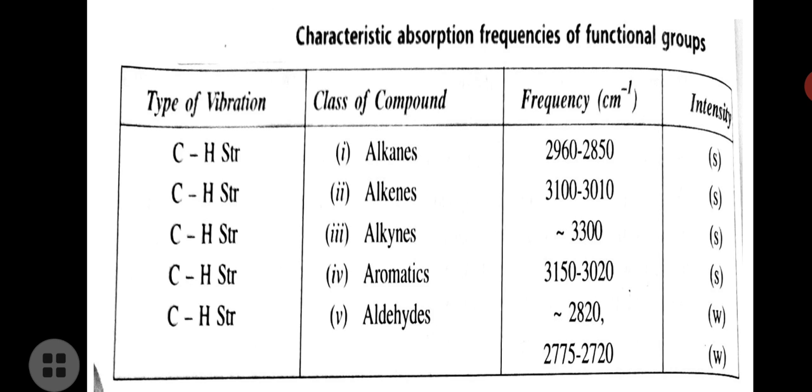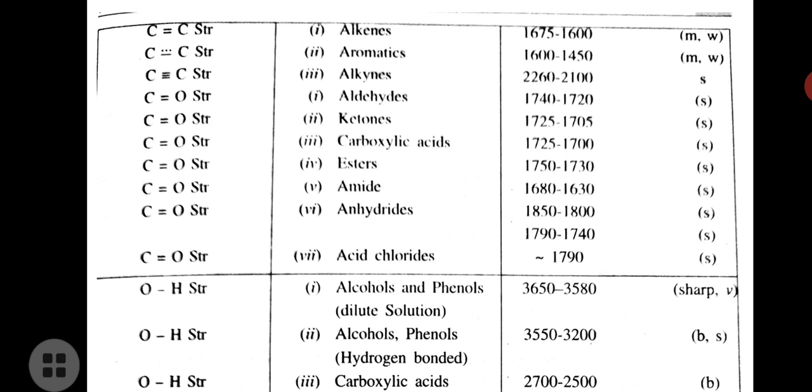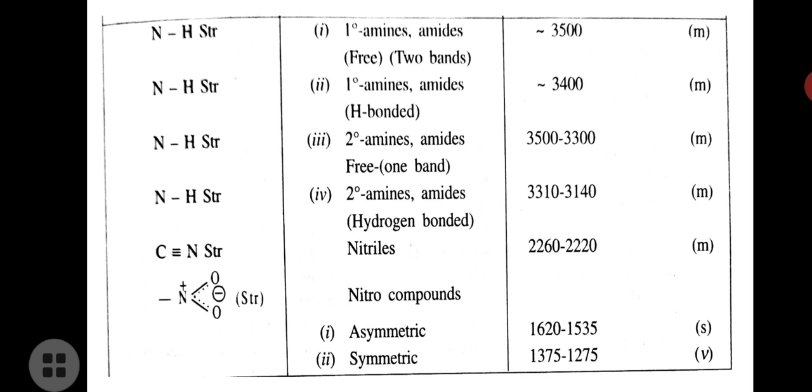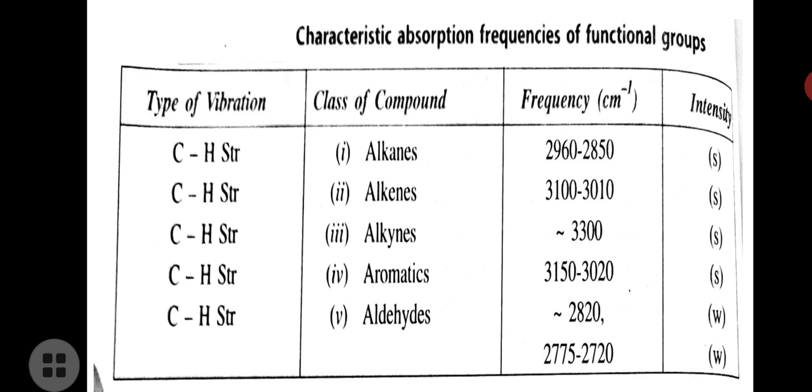Now next, here is a table showing the characteristic absorption frequencies of functional groups. So there are three slides. This is the first one, this is the second, and this is the third. So these are the tables showing characteristic absorption frequencies of important functional groups. In this table you can see there are four columns.